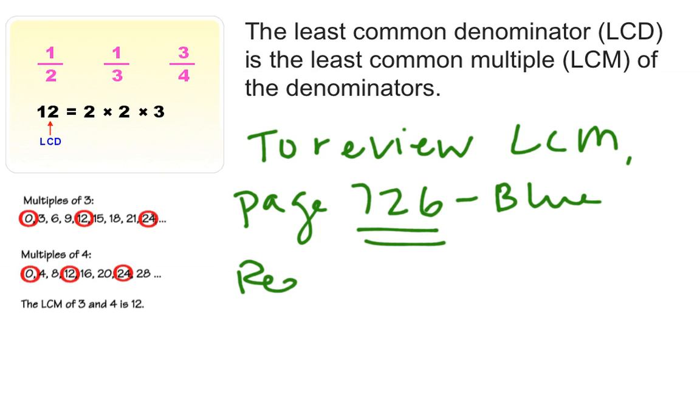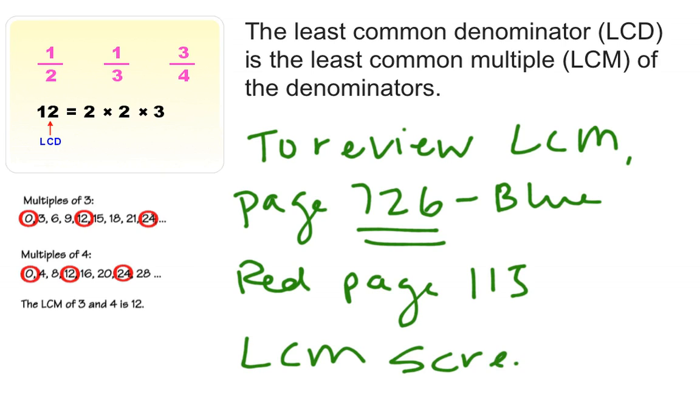In the red textbook you can go to page 115. And there's a little example so that you can refresh your memory on how to calculate multiples. I'm going to record a screencast, but I haven't done it yet, so if there's a screencast available in your list of screencasts that says LCM, or least common multiple, you can look at that. Or you can probably look at something on the internet if you can't remember how to calculate it.